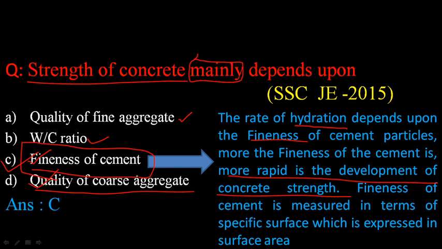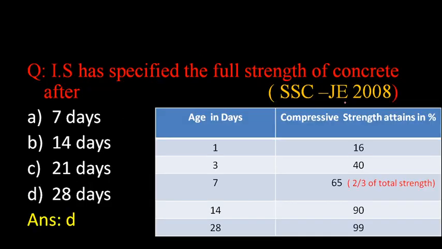If the cement is finer, the surface area is more, so the water contacts more area and strength is gained more. That's why the strength of concrete mainly depends upon the fineness of the cement. This question was asked in the SSC JE exam 2015.